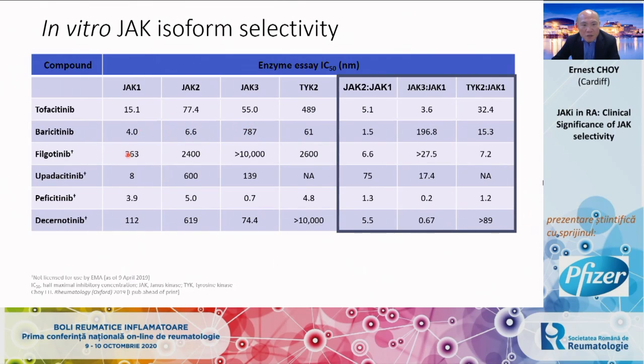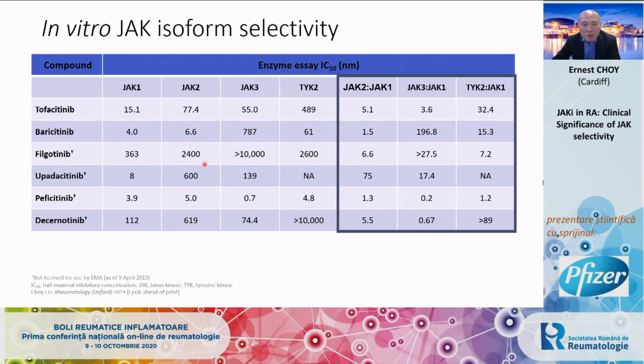And the same is true for compounds such as upadacitinib and filgotinib, which is said to be JAK1 selective because the IC50 for JAK1 is much lower than for the other JAK isoforms. Now, important to note is that these different molecules have different potency anyway, so the IC50s are dramatically different amongst the different JAK inhibitors, okay?